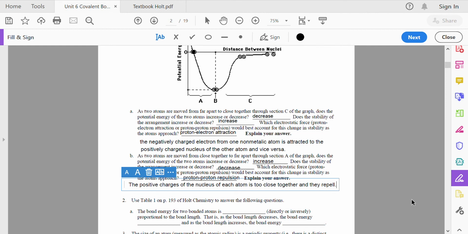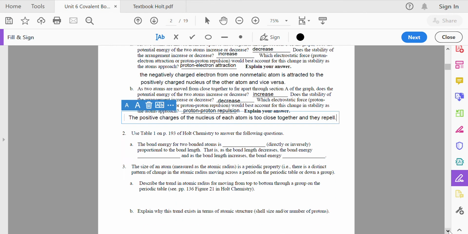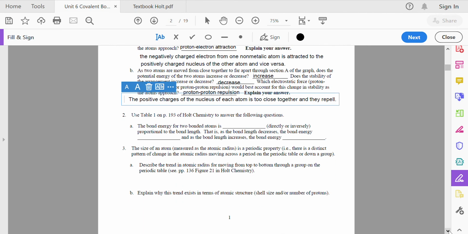Okay. The next set of questions concerns the graph on page 193 of Holt Chemistry, and this concerns bond energy. Actually, it was a table. The bond energy for two bonded atoms is inversely proportional to the bond length. Inverse.